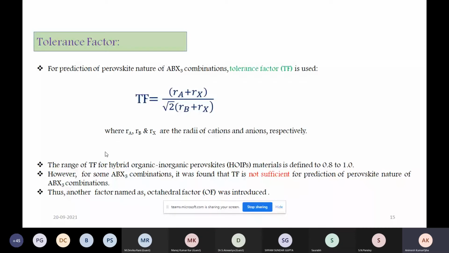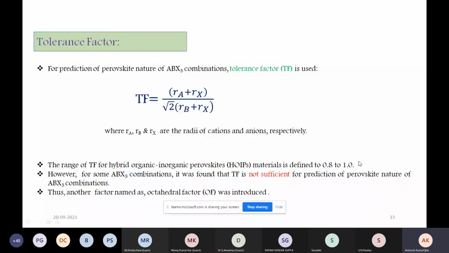This factor was used to tell whether a particular ABX3 compound will form a perovskite or not. If the value of the tolerance factor for that compound lies between 0.8 and 1, this means that the structure will form a perovskite, otherwise not.